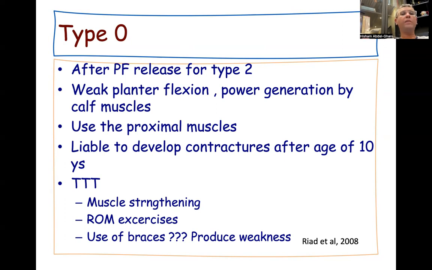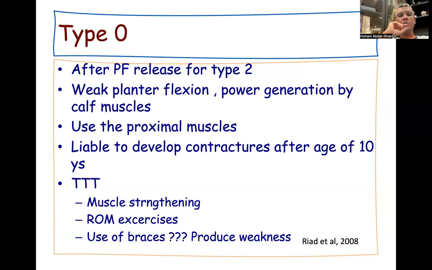How to treat these patients? Just follow up and muscle strengthening, focusing on the plantar flexors and proper stretching of the hamstring muscles to avoid the development of crouching, shortening of the hamstrings and flexion deformity of the knee. Sometimes we may use braces, but really the braces have the disadvantage of producing muscle weakness.